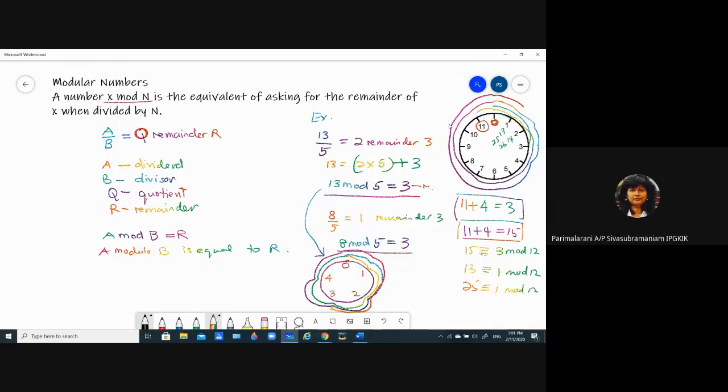So 0, 1, 2, 3, 4, 5, 6, 7, 8. We stop at 3. So 8 mod 5 is also equal to 3. Can you understand? Yes, madam. Okay.